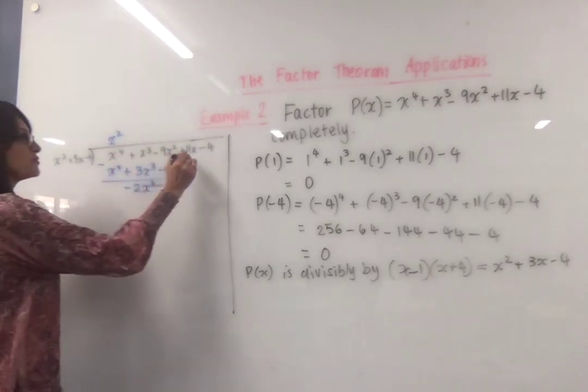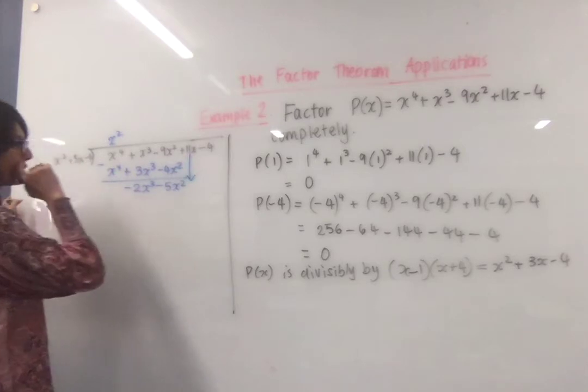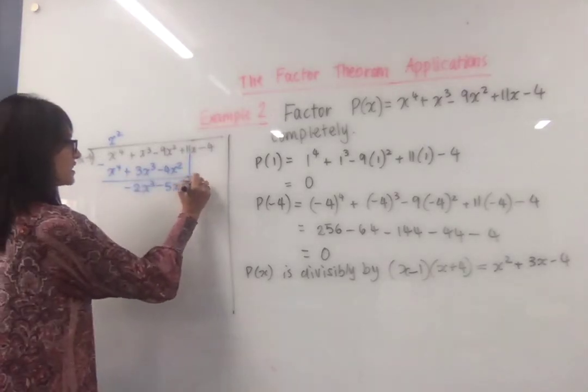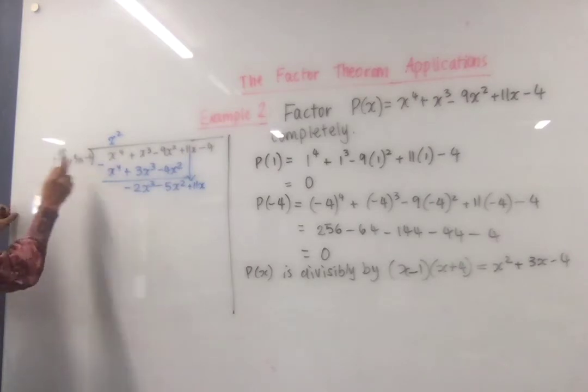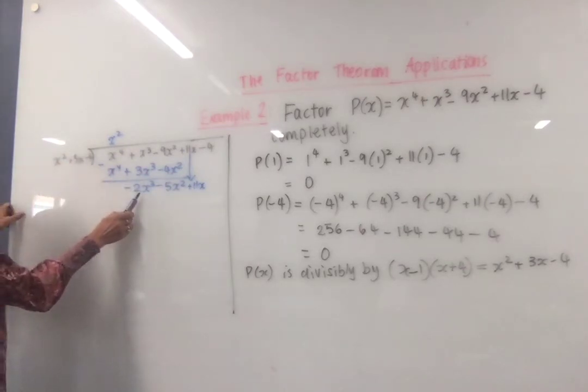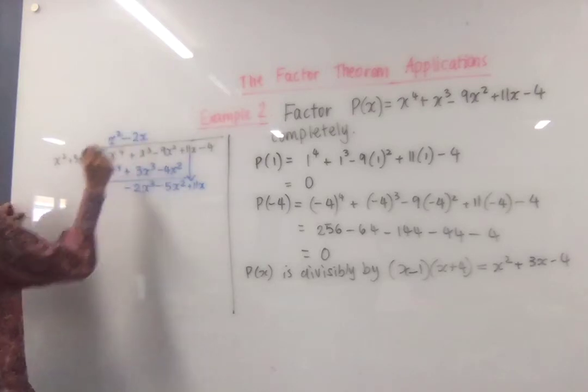So after we subtract, remember, we bring down, which is 11x. And now we repeat the process. So x squared into -2x cubed gives us -2x.